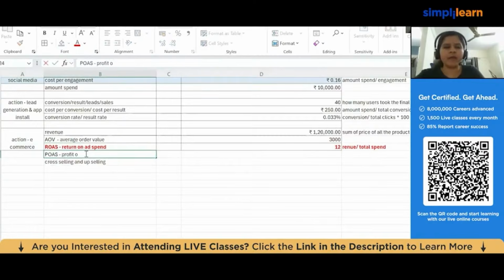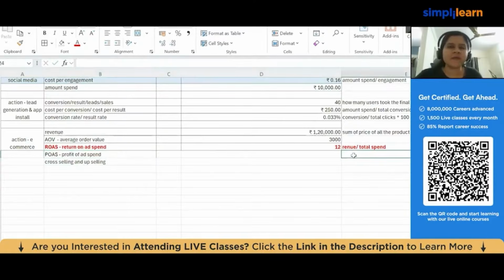And trust me, after that they also calculate one more thing called POAS, profit on ad spend. When they talk about the spend, they don't just take the advertising spend, they also take how much they have spent on creating that product, how much they are paying for the office space, how much they are paying the employees. Basically, they want to find out the end profitability.